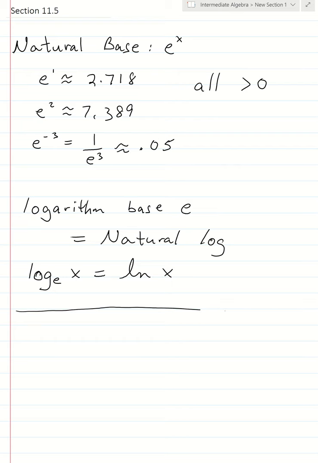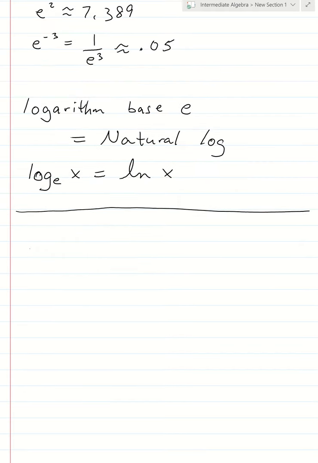Now we saw a lot of properties involving logarithms. You may recall we had properties that involved adding, subtracting, and multiplication of logarithms. And of course, those properties also hold true for natural logs. For example, if we have the natural log of m plus the natural log of n, in our last section, we talked about how we can simplify this expression. Because we are dealing with log base e, this would become the natural log of the product mn.